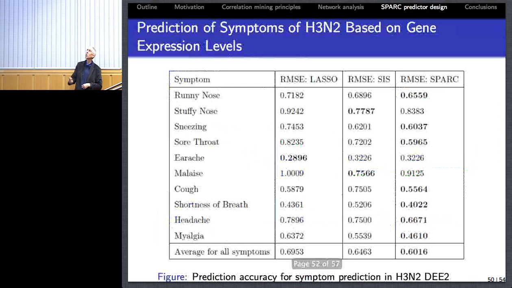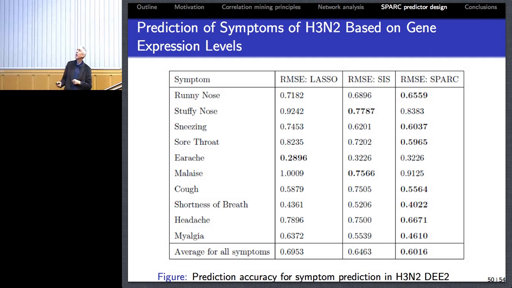We applied this to the symptom prediction problem. And again, these numbers aren't great in the absolute sense, 0.6953 in terms of mean squared prediction error. The symptom levels are integer values, 0, 1, 2, 3, 4. So what we're saying is that you can predict within maybe 2 levels with this type of standard deviation.